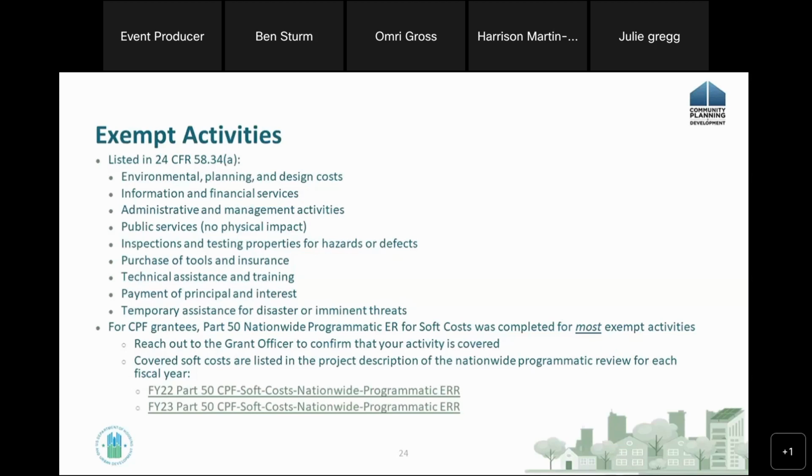However, grantees must first have a fully executed grant agreement and also must first reach out to their grant officer to confirm that the specific activity is eligible. If the grant officer confirms that the project is eligible under the programmatic review, then no further action would be needed. Next slide, please.